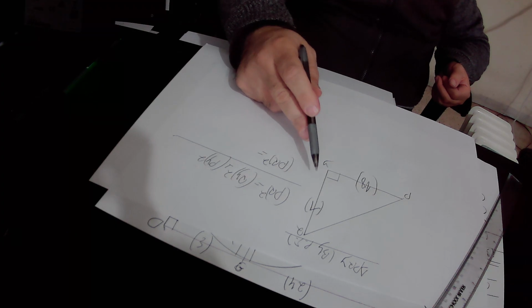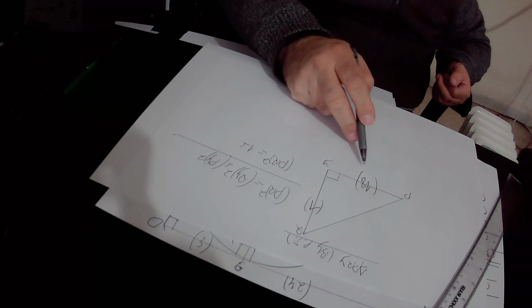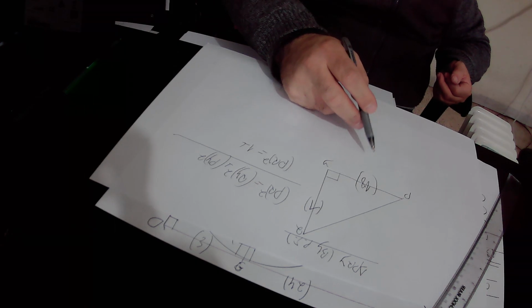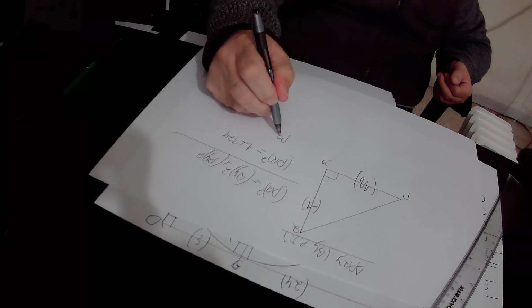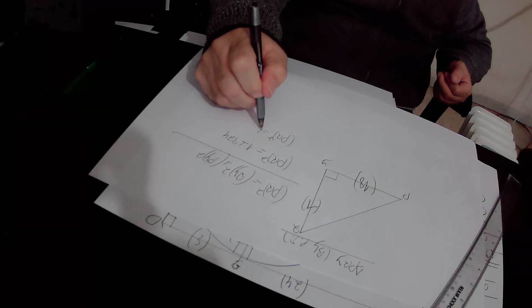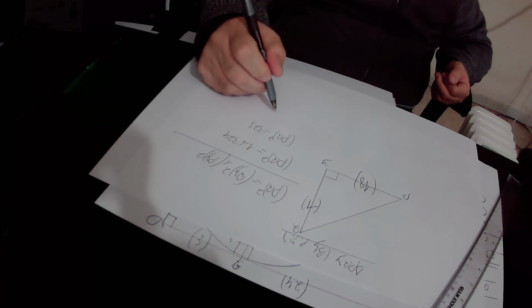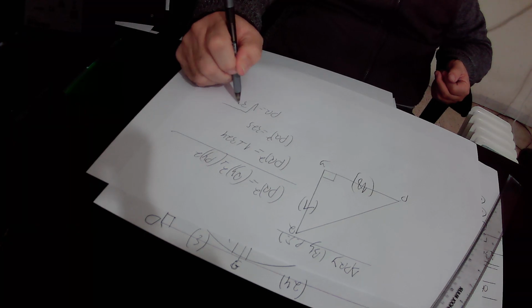QY is 1, therefore QY squared is 1 squared, that is 1, plus PY squared. PY is 18, therefore PY squared is 18 squared, that is 324. So PQ squared equals 324 plus 1, which is 325. We take the root of this equation and we get that PQ equals the square root of 325.